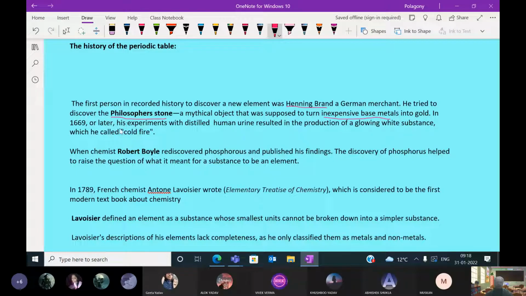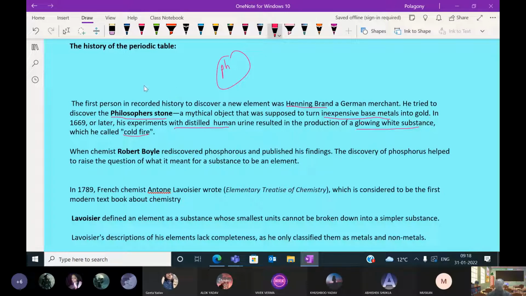For that he was doing experiments, and with the distillation of human urine, he kept on boiling the urine, and finally he got a glowing white substance, which was called phosphorus, an element. He got cold fire at that time, but he kept the experiment secret and did not reveal it to anyone.